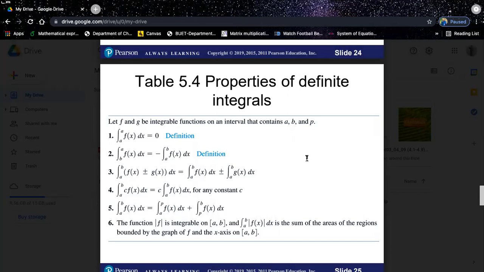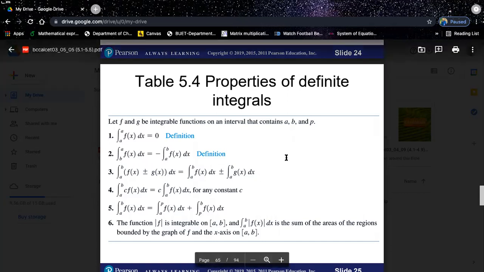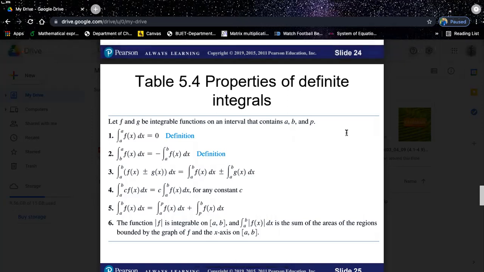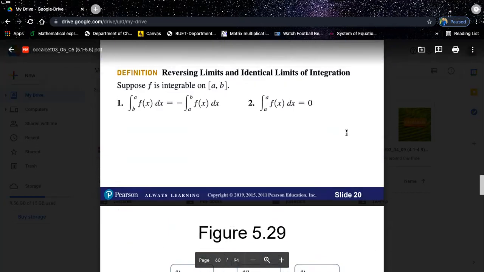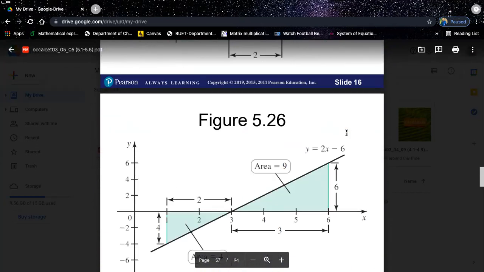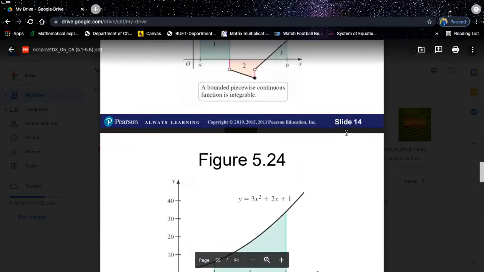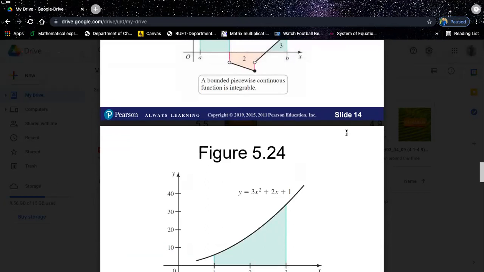If you have, for example, these two functions, they could be anything, right? I think we have seen examples of this the last time. I guess the function was, yeah, we can consider this one. So you have three different terms, right? We can consider this as three different functions. One function is 3x squared, the other one is 2x, the other one is 1.